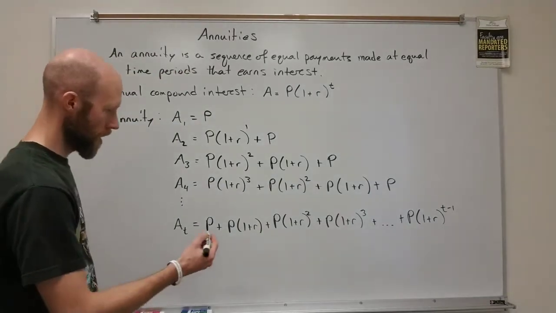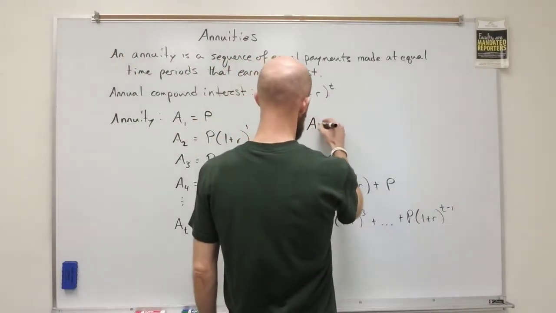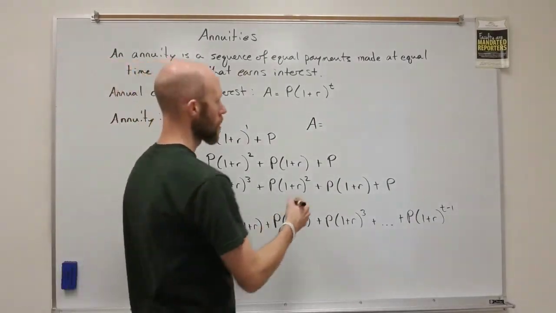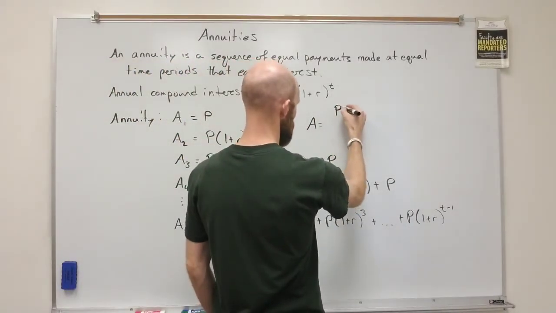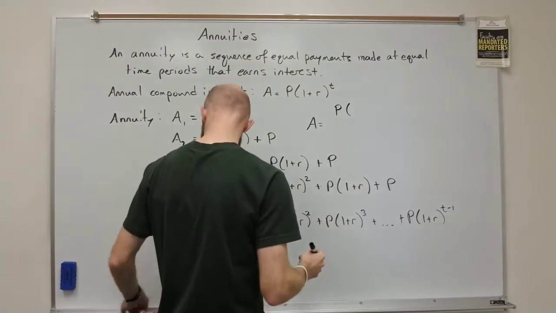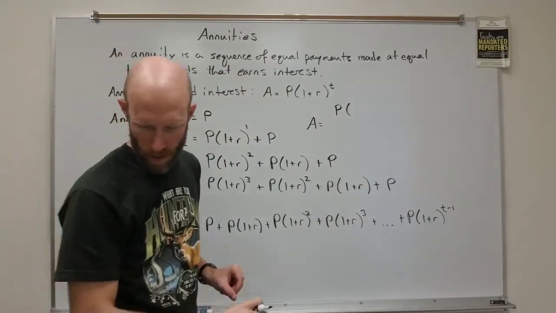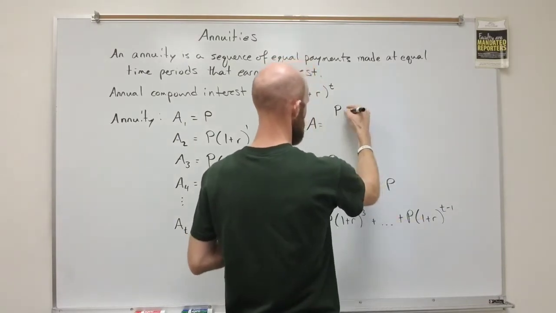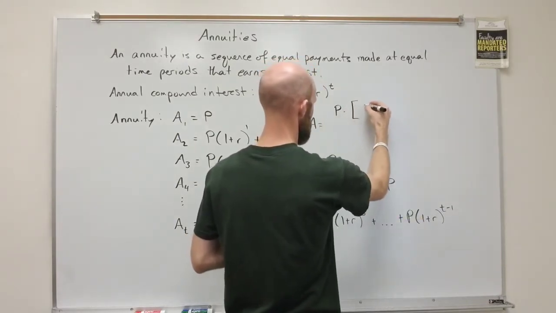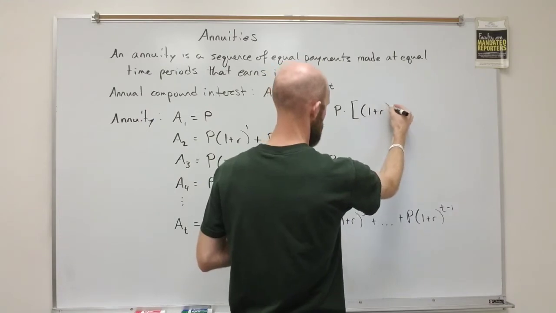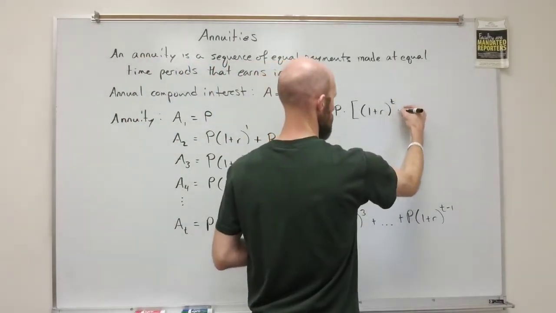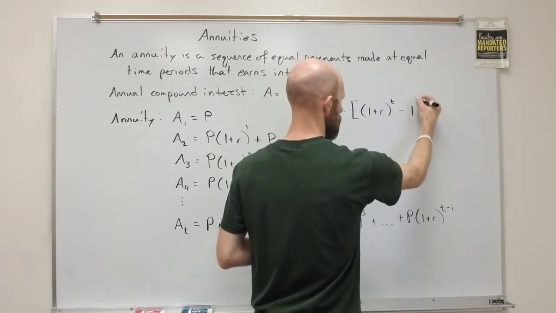And the shortcut for that is the final amount after T years is P times bracket parenthesis 1 plus R to the T, all minus 1.